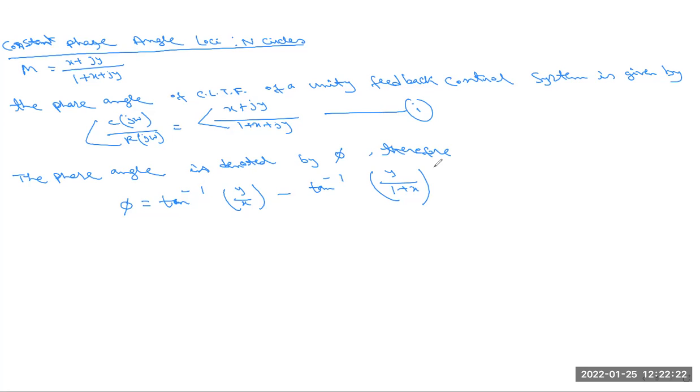Now you have to take tan on both sides. So we write tan phi equals tan of this equation, tan inverse y by x minus tan inverse y by 1 plus x, within brackets.